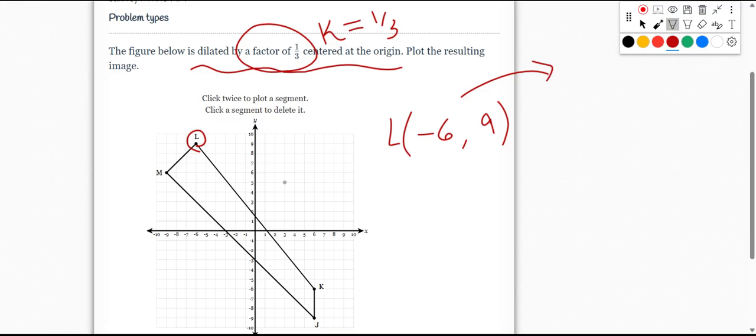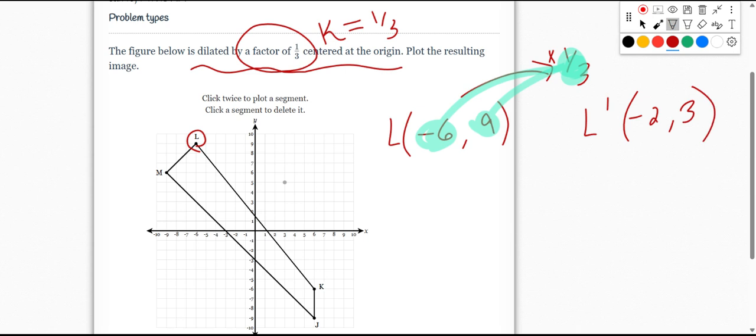And if I were to multiply both of those by 1/3, then L prime would be located at -6 times 1/3 is -2. 9 times 1/3 is, oh, I was about to put negative, sorry, +3. So I'm going to plot L prime, and then I'm just going to click Show Solution.